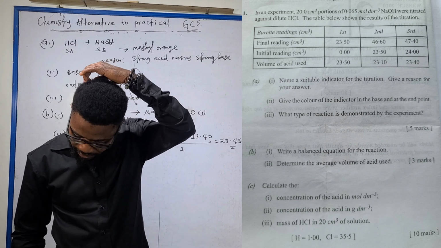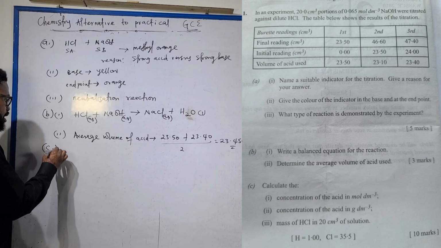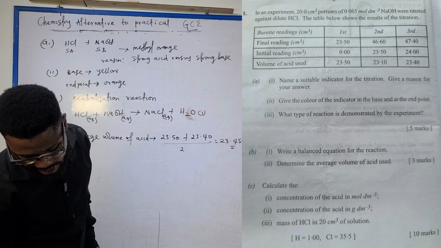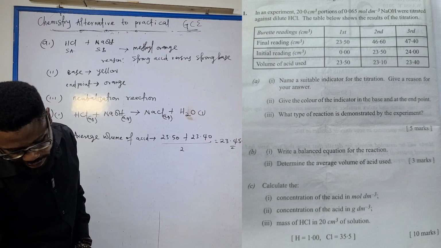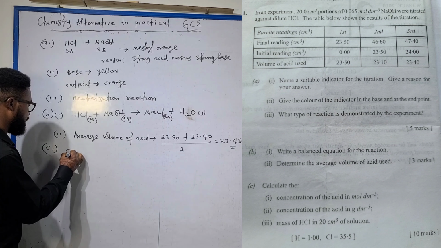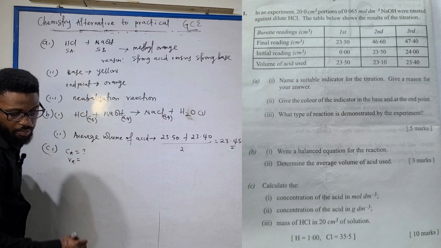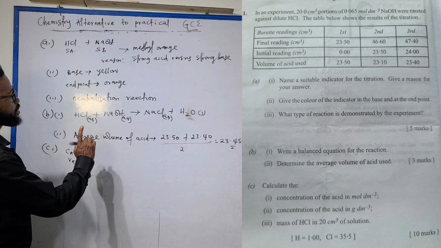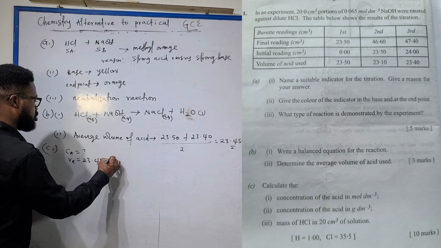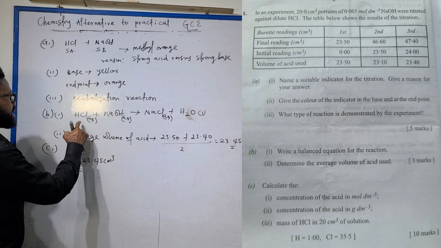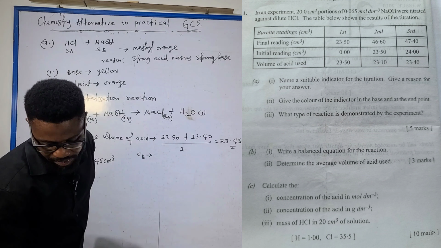That ends B2. Okay, moving on. For C1, I was told to calculate the concentration of the acid in mole per dm cube. If you go back to the beginning of the question, I was told to look for Ca in mole per dm cube. My Va, the volume of acid used, is 23.45 cm cube, and my Na here is 1.